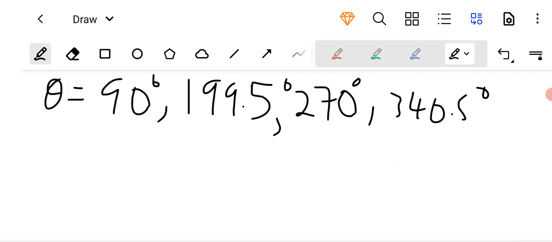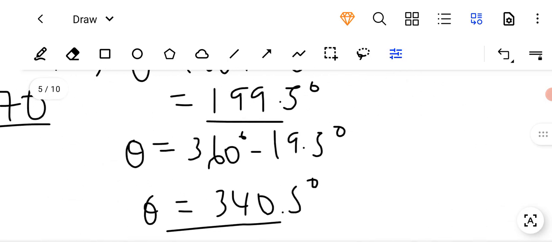These are your final solutions for question 6a.